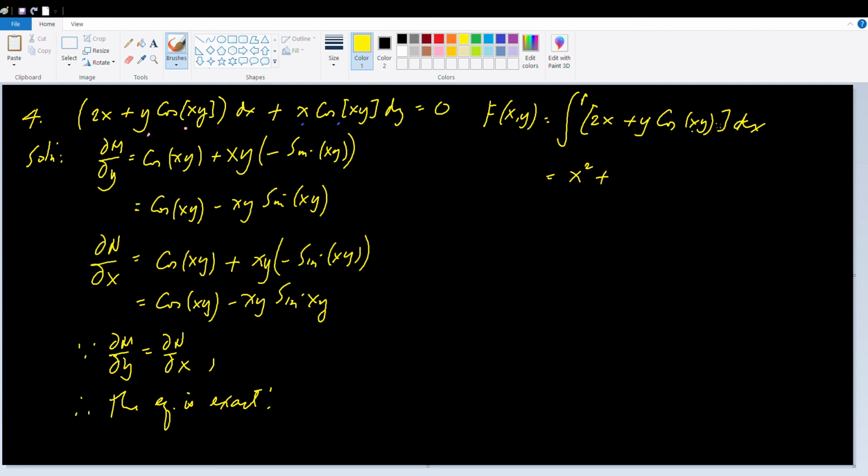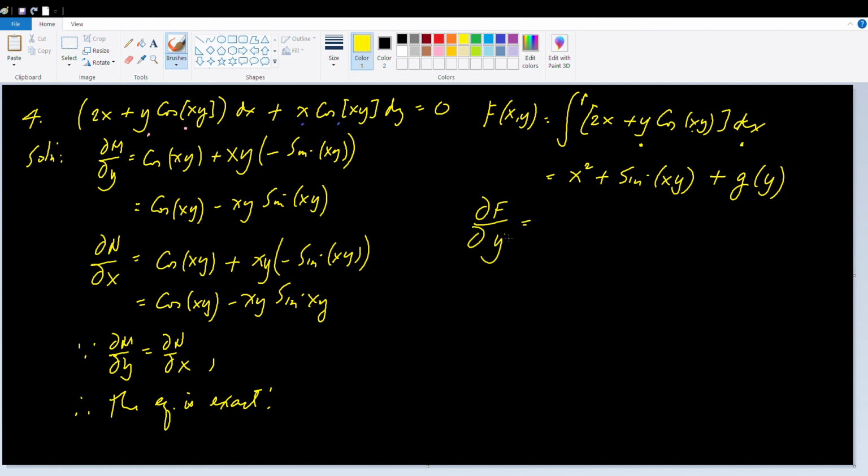So the differential of xy will be y dx. And we have y dx here, which is actually our du. So we just integrate cosine u du, and that will be sine of u or sine of xy plus some function g of y.